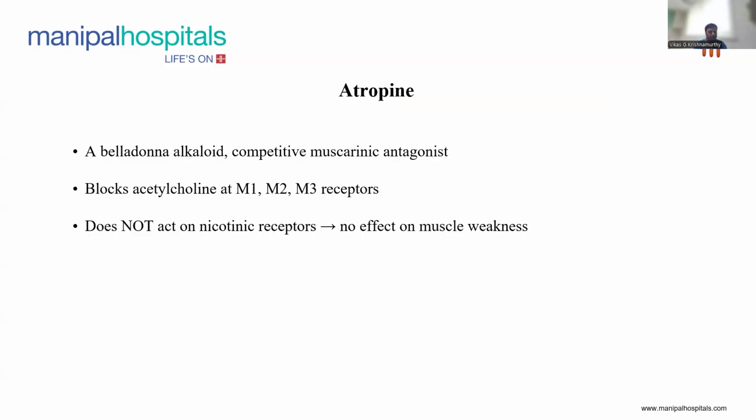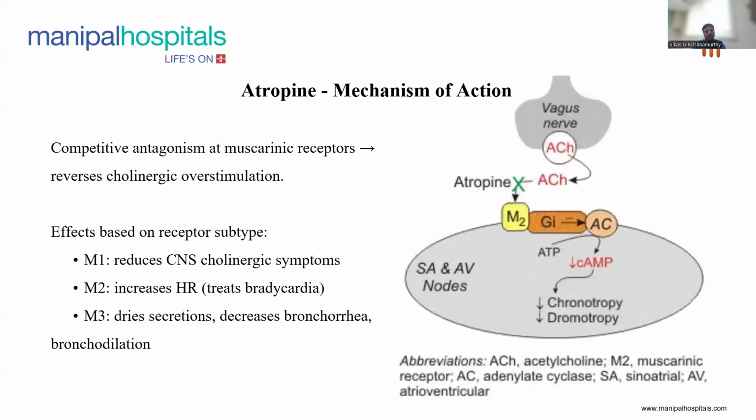Coming to atropine, it's a belladonna alkaloid, a competitive muscarinic antagonist. It blocks acetylcholine at M1, M2, and M3 receptors. It does not act on nicotinic receptors, so no effect on muscle weakness. The mechanism of action is competitive antagonism at muscarinic receptors.